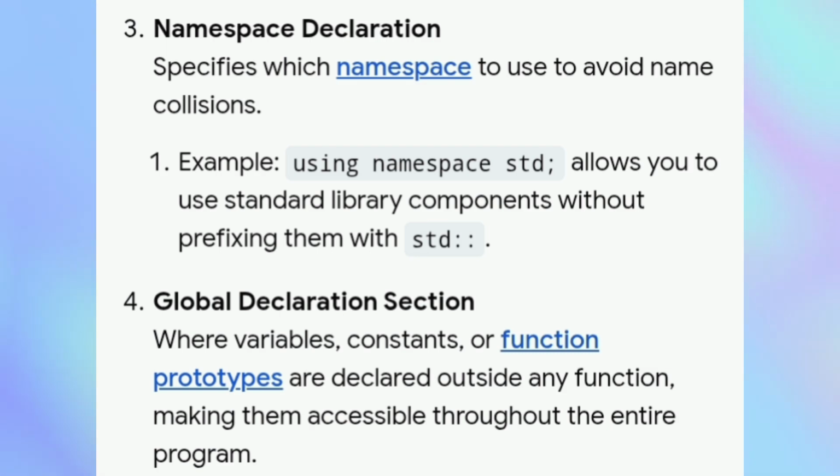Example: using namespace std allows you to use standard library components without prefixing them with std and the scope resolution operator. Global declaration section: variables, constants, or function prototypes are declared outside any function, making them accessible throughout the entire program.